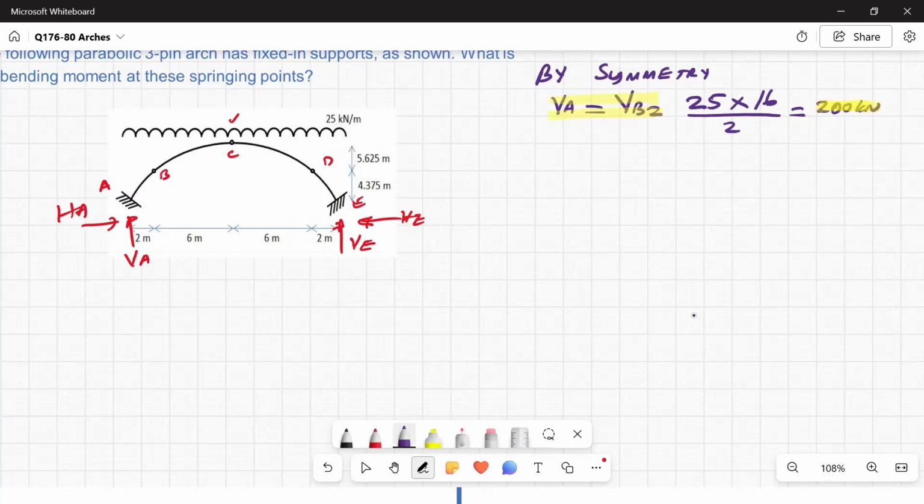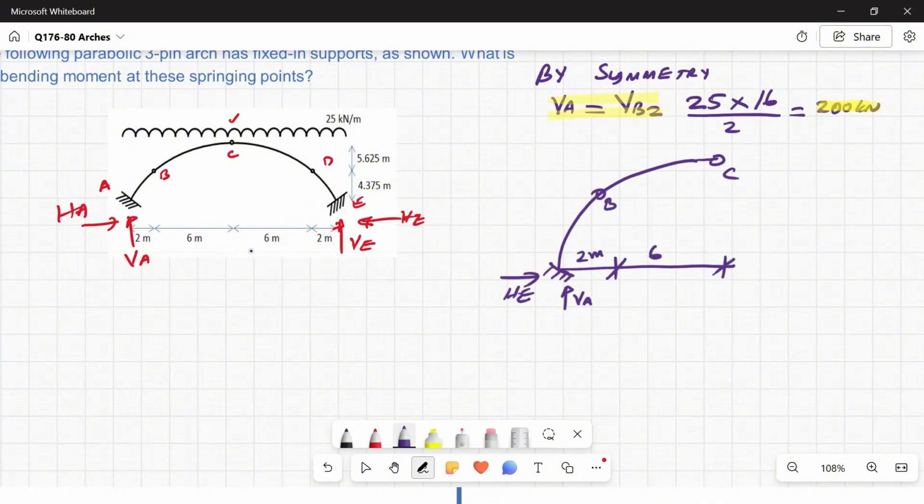So let's find out the horizontal reaction first. If I isolate the left part, it will be like this. So I have reactions VA and HA, and I have this point as C, this point as B, and the distances are 2 meters and 6 meters.